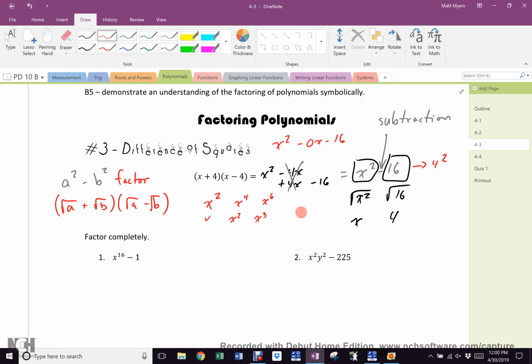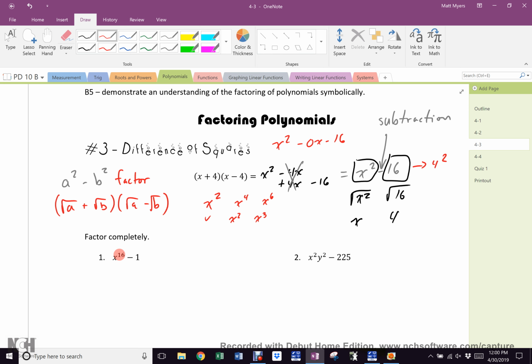So let's look at this first question. Is it a difference of squares? How do you know? Because there's a subtraction sign. Excellent. They both have square roots because that is what kind of exponent? Even.